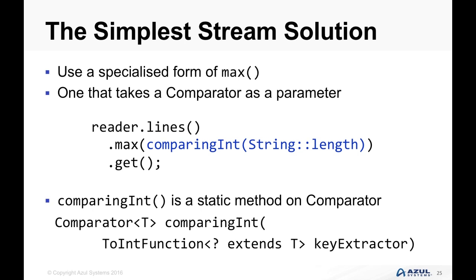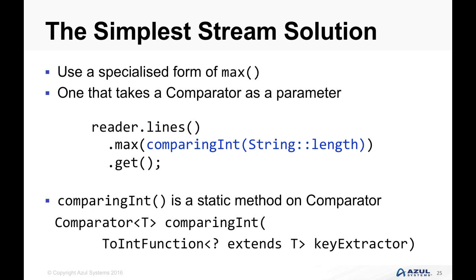You can use max on its own, which will take a stream of primitive numbers and return the maximum value of that. But there's also an overloaded version of that, which will take a comparator as a parameter. So you can say, take the lines, pass them into max, where you compare the values based on the length of the string.